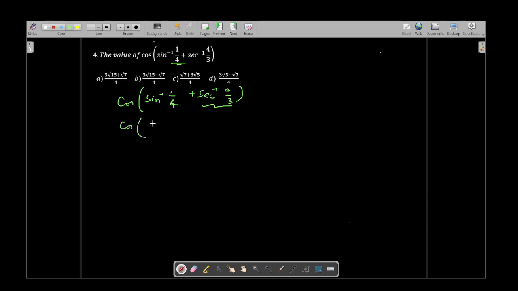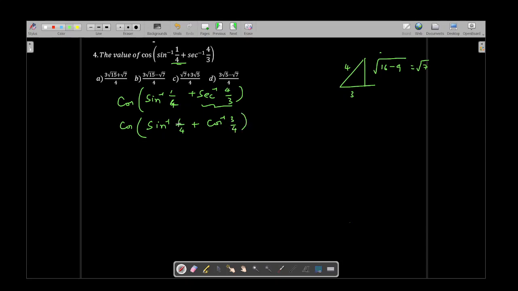Secant inverse 4 by 3: hypotenuse is 4, adjacent is 3. This value will be square root of hypotenuse square 16 minus adjacent square 9, so root 7. If I write this in terms of cos, I get cos inverse of 3 by 4.